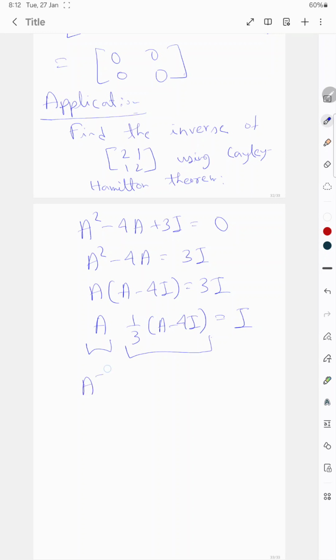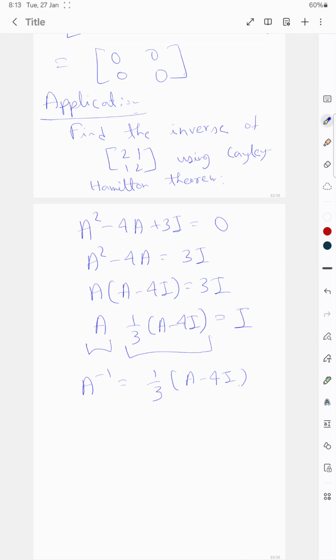So from here you have A inverse is minus 1 by 3 times (A minus 4I). Now you just substitute the values of A and I, then you can easily find the value of A inverse.